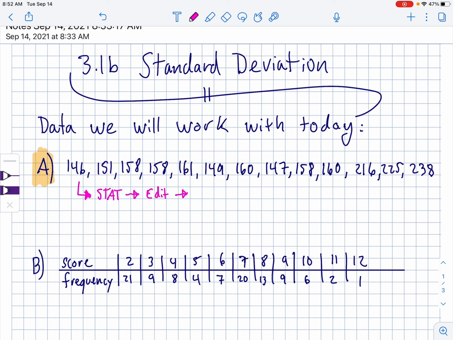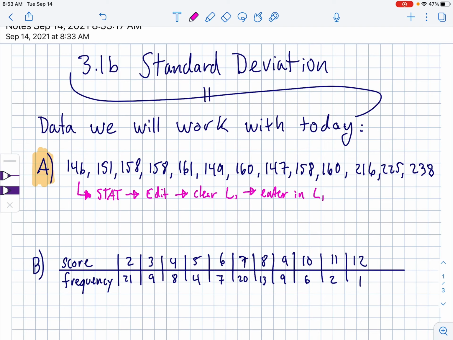Clear anything that's already in there, really just clear L1, and then enter the data in L1. So I have 146, 158, 151, excuse me, 158, 158, 161, 149, 160, 147, 158, 160, 216, 225, 238.